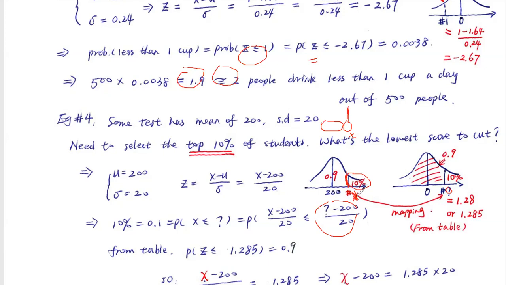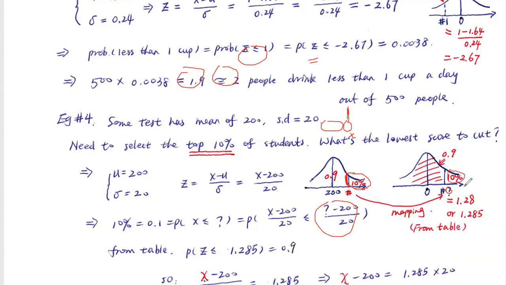Now let's think about the backward approach here. Let's think about the 10%. That's the information we are given. So we are given the probability first, 10%. That tells us that if I do the transformation, here should also be 10%.